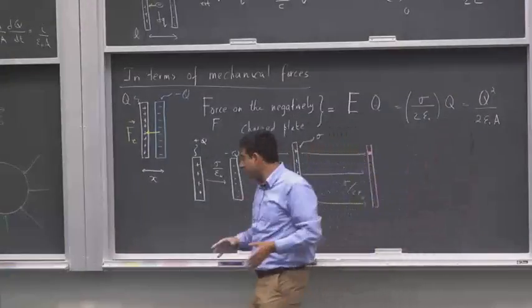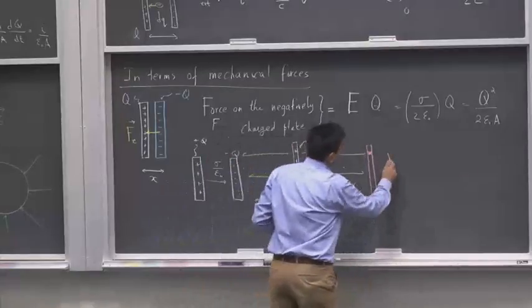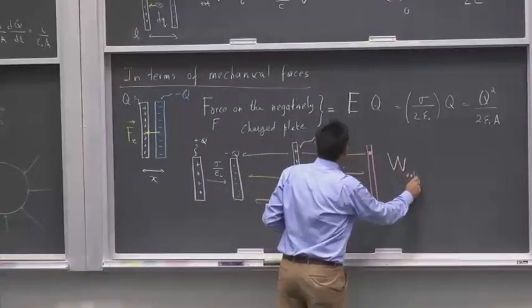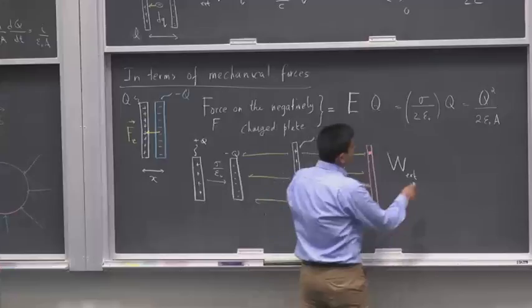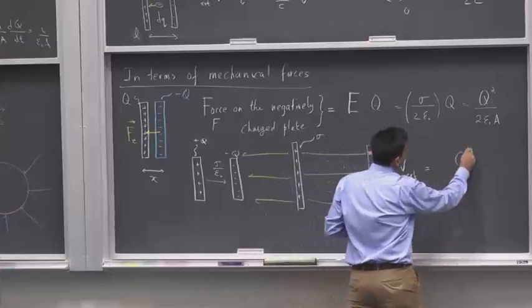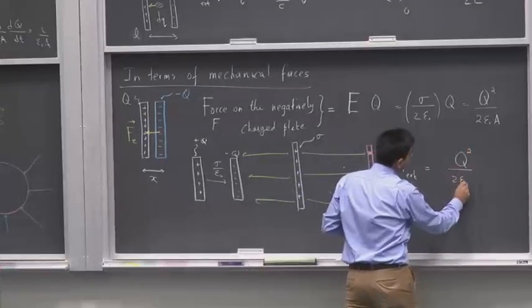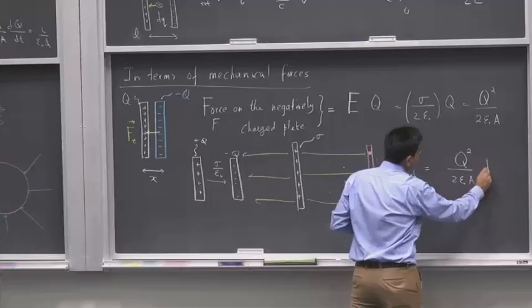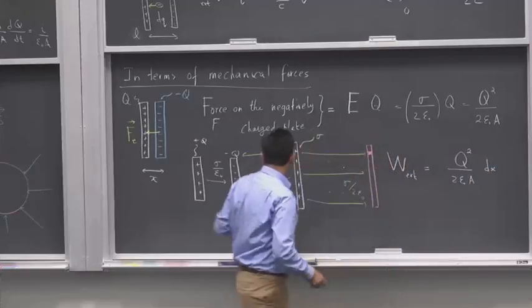So the external work that I have to do, which means the external force that I have to apply, is given by Q square over 2 epsilon naught A times dx. This separation is x.